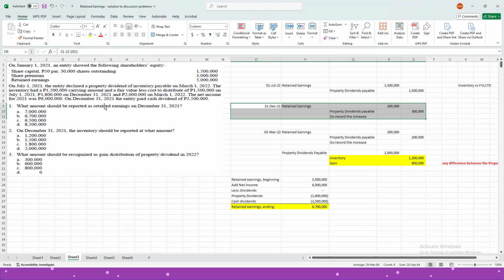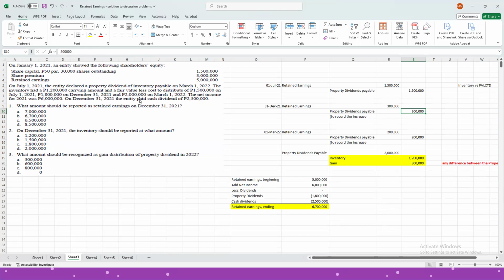So we have to recognize the difference. The increase is from 1,500,000 to 1,800,000, so we have to increase it by 300,000. So debit retained earnings, 300,000. Credit property dividends payable for 300,000.